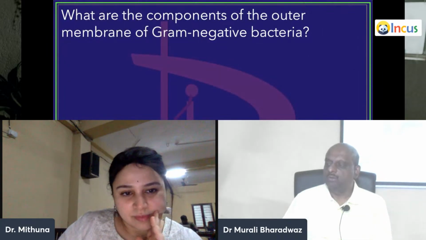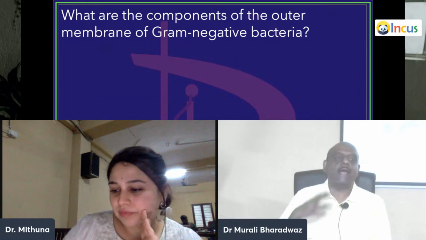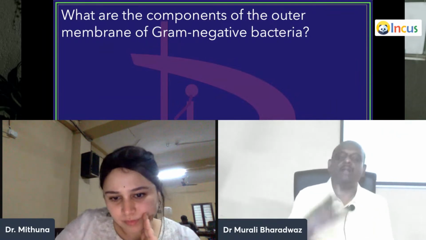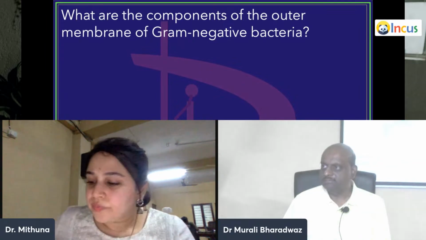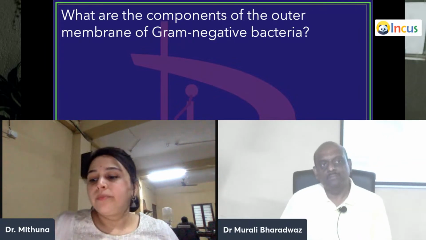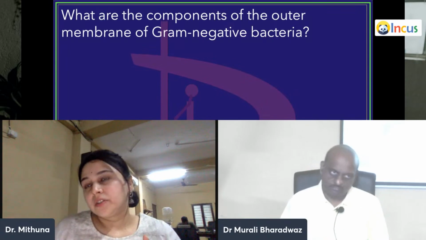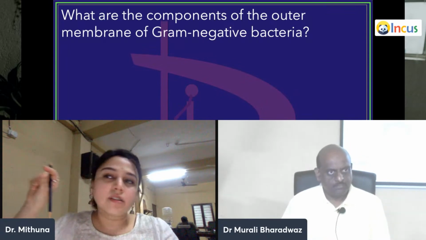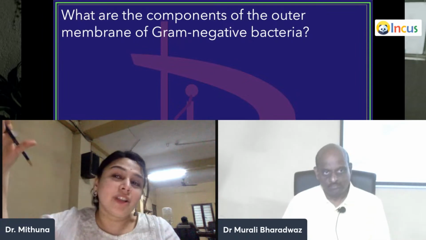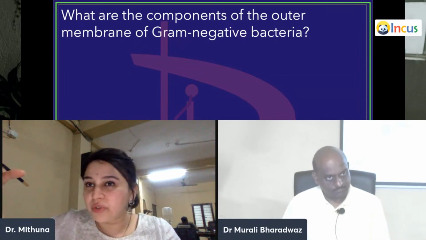Now, what are the components of the outer membrane of the gram-negative bacteria? Sir, if you compare gram-positive and gram-negative, the gram-positive layer is more thick, the gram-negative layer is thin. But if you see the number of layers, gram-negative has more layers.